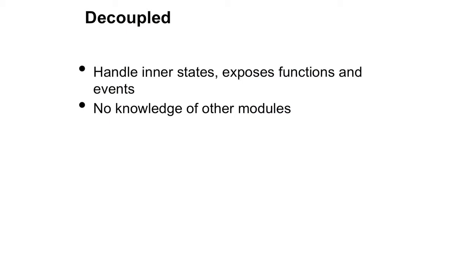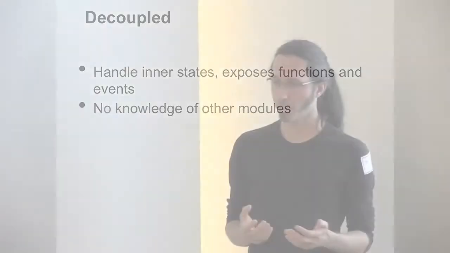Being modularized doesn't mean being decoupled. You can have very well-encapsulated charts that are not decoupled. What I mean by this is a chart should just know about its inner behavior and states and never have to know about another module.